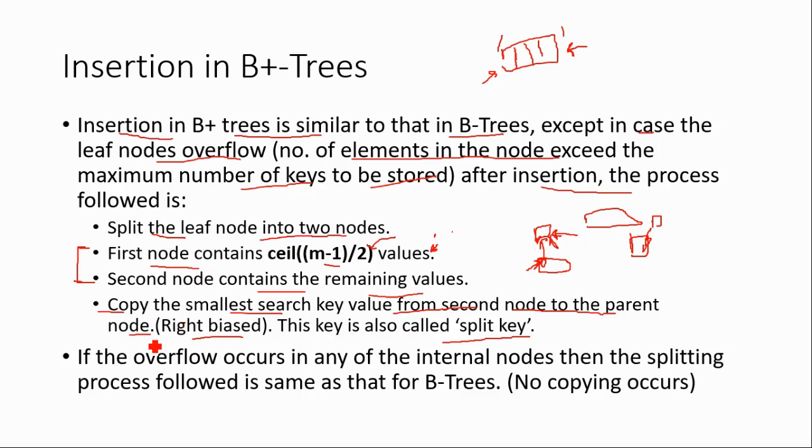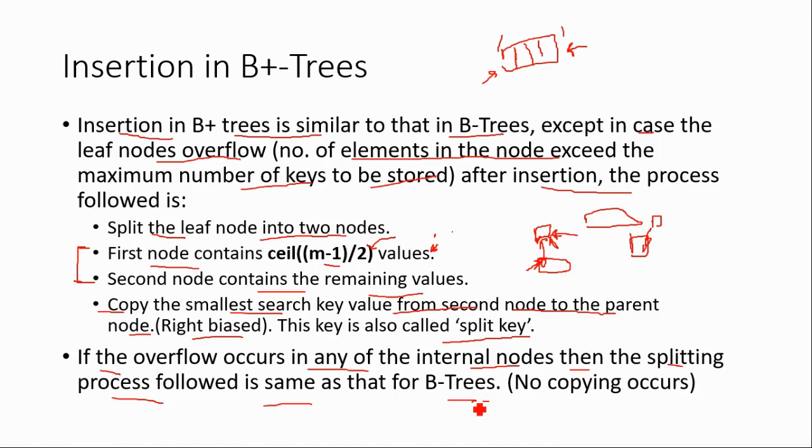Now, whatever we have discussed is applicable only if there is an overflow on the leaf nodes. However, if the overflow occurs in any of the internal nodes, meaning an internal node where insertion has occurred already has the maximum number of elements, then the splitting process we follow is the same as that for B trees.